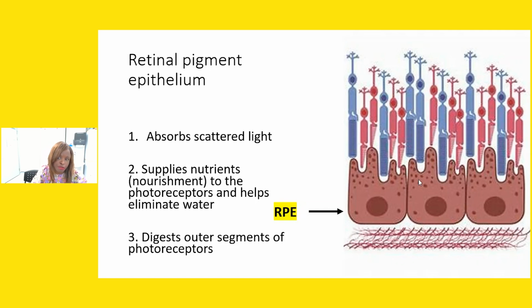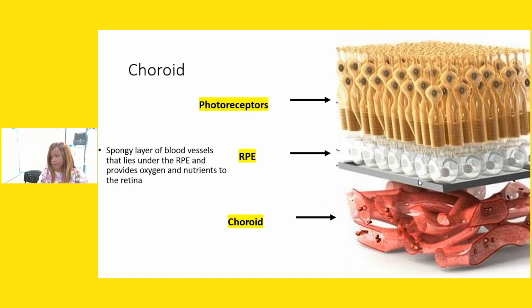I'll focus on three of them. It absorbs scattered light, which increases the quality of the visual system. It supplies nutrients to the photoreceptors, and it also helps to eliminate water. The RPE gets rid of waste products generated by the photoreceptors. So it helps to keep this visual system functioning optimally.